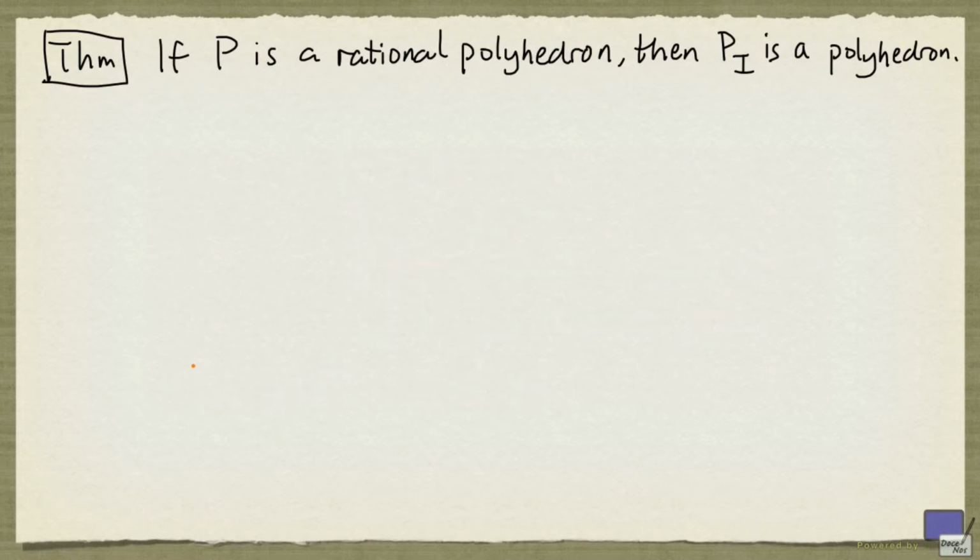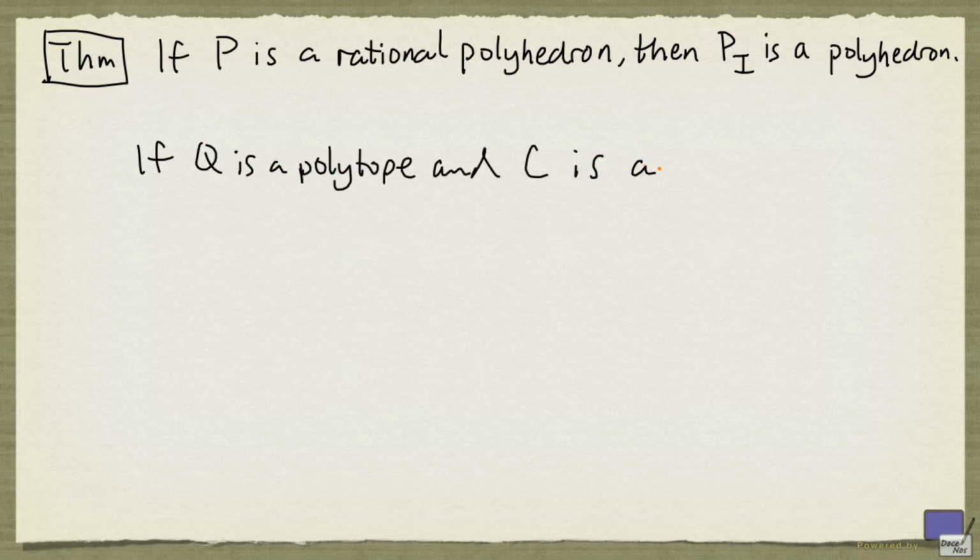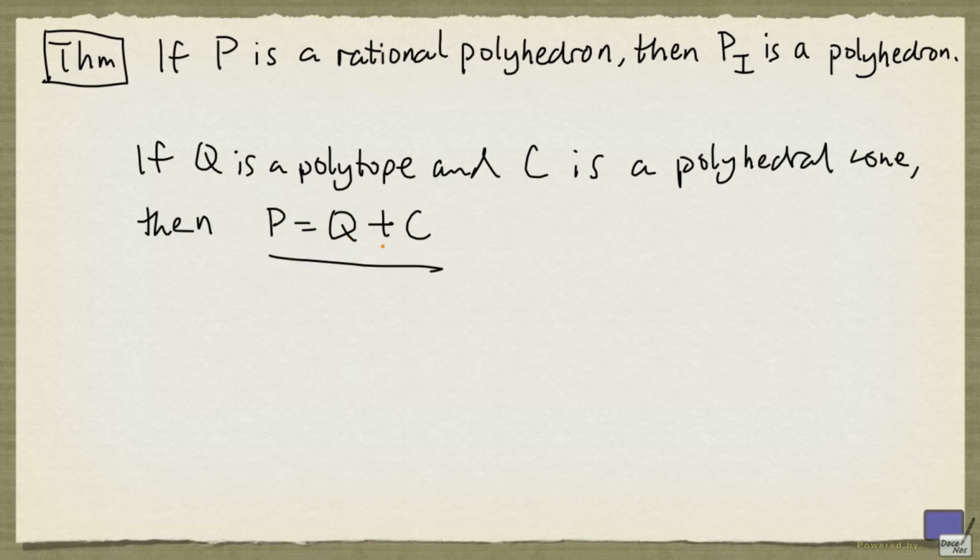The strategy that can be employed in one of the proofs of this theorem is the following. Recall that if Q is a polytope and C is a polyhedral cone, then P given by Q + C is a polyhedron.